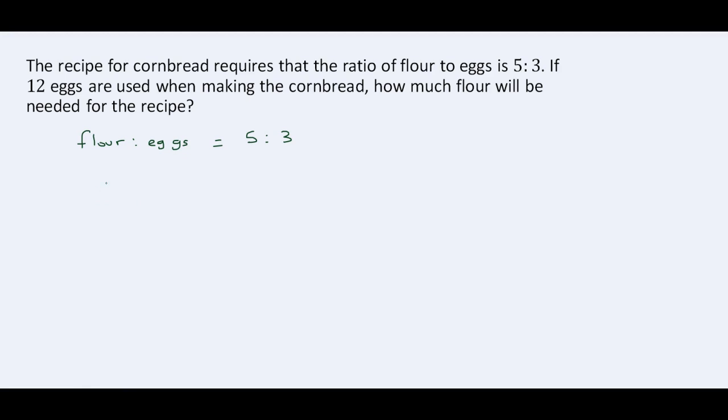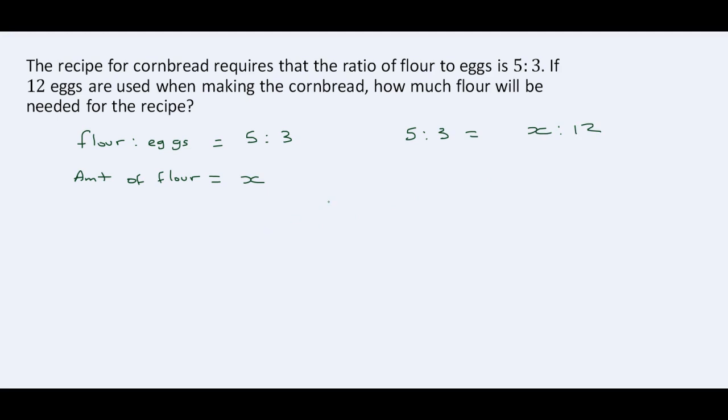So the amount of flour is going to be our x. So in this case, we have 5:3 is equal to x to 12.